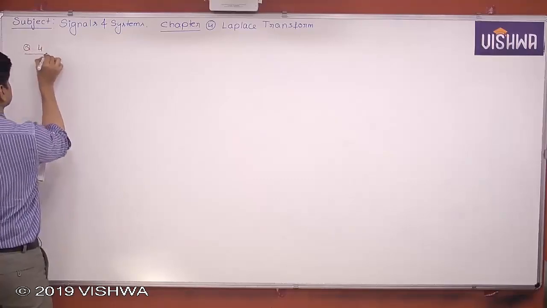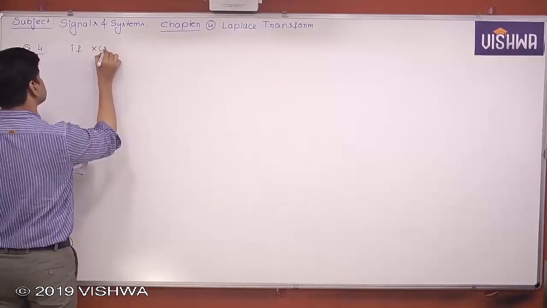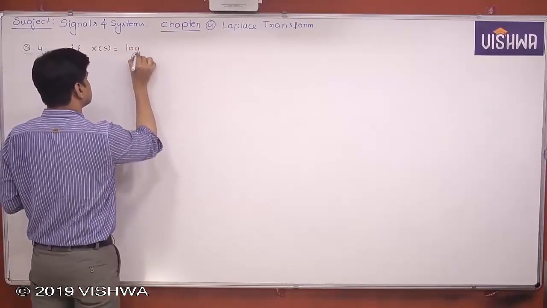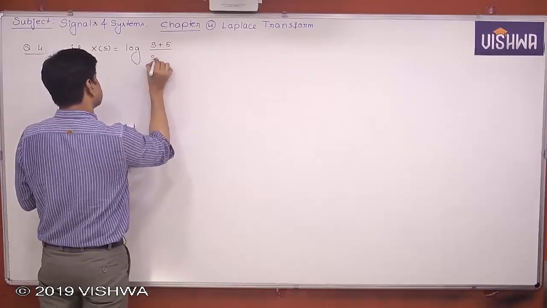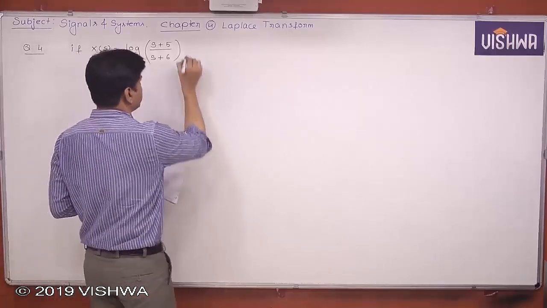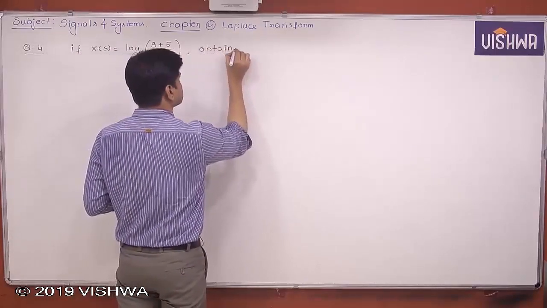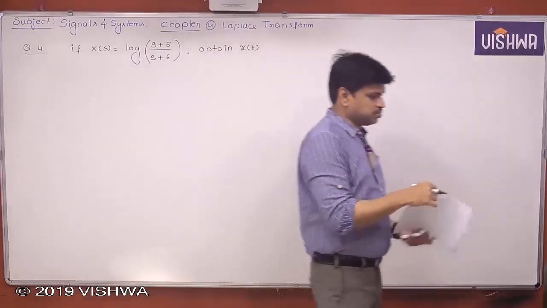Question 4. If x of s is equal to log of s plus 5 by s plus 6, obtain x of t.